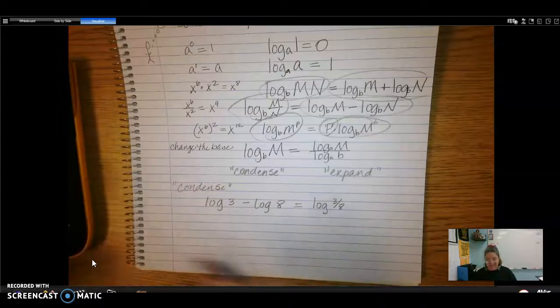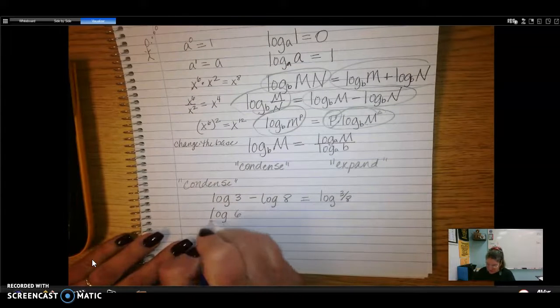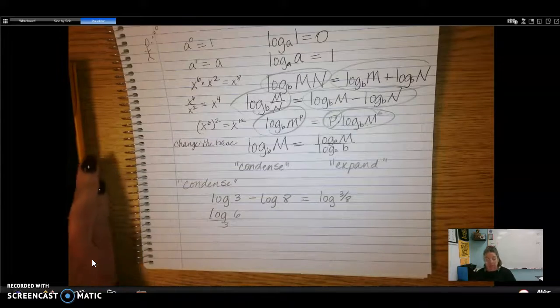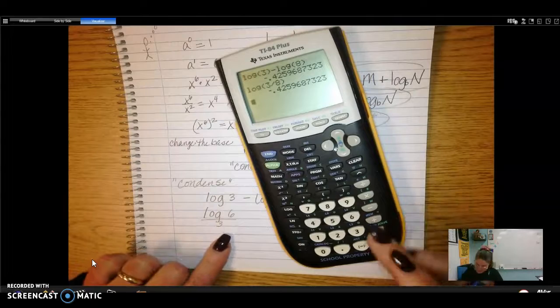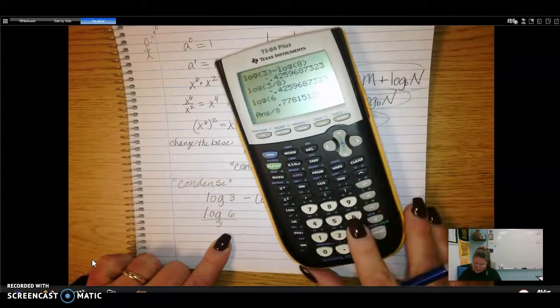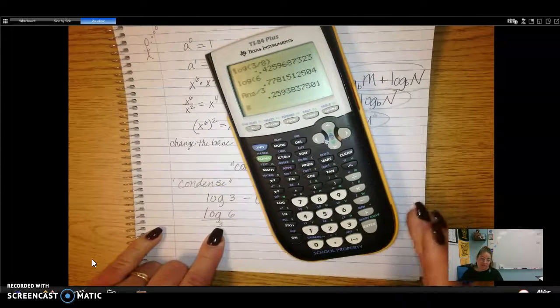All right, next example. We have the log of 6 divided by 3. Now, for this one, here's why I'm going to type this into the calculator. If we do the log of 6, and then take that answer and divide by 3, we get 0.259.